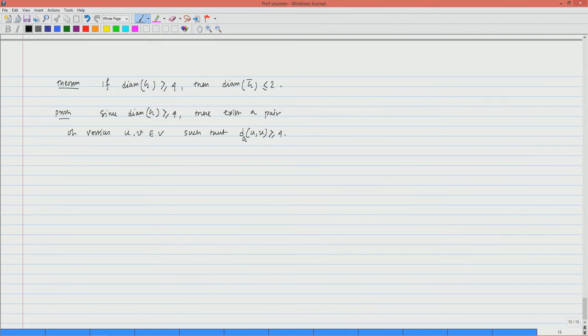So, I will use the notation for the distance between u and v in the graph G.